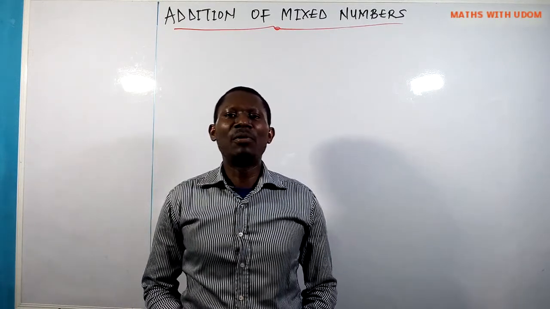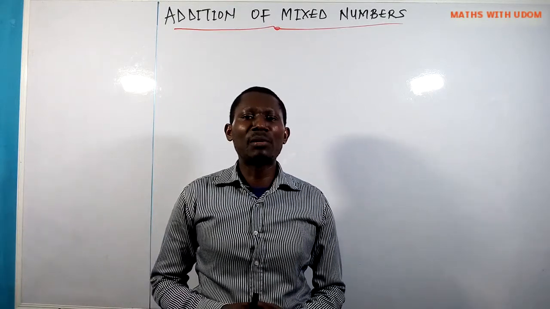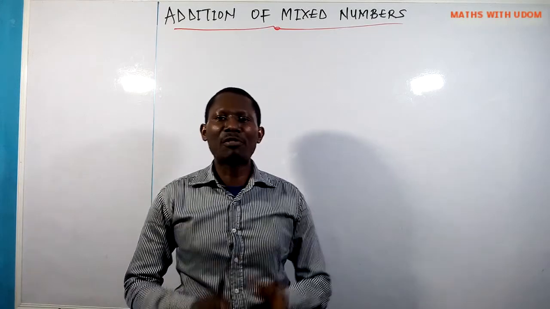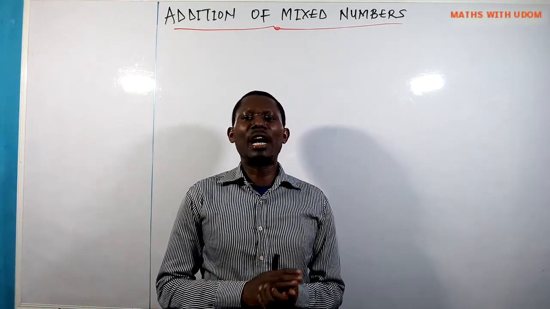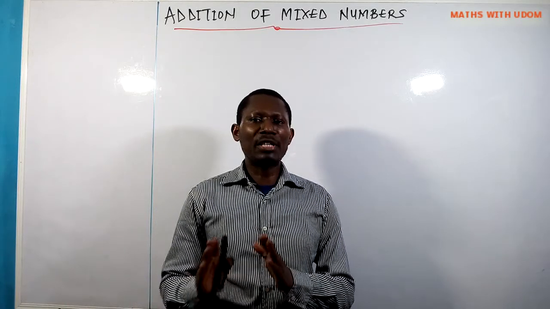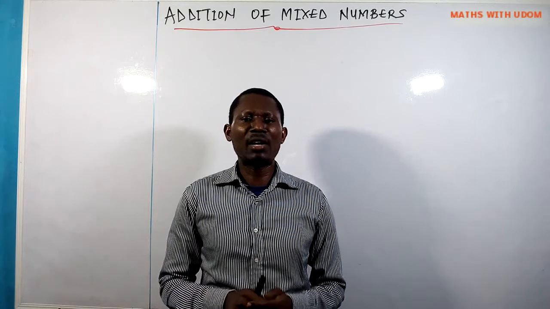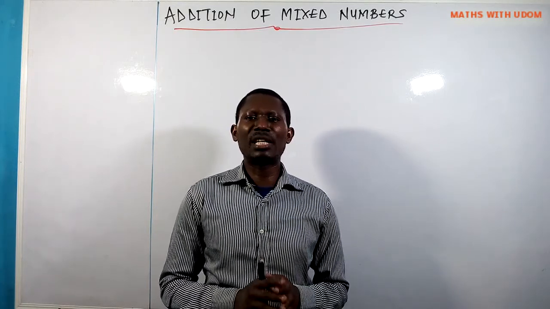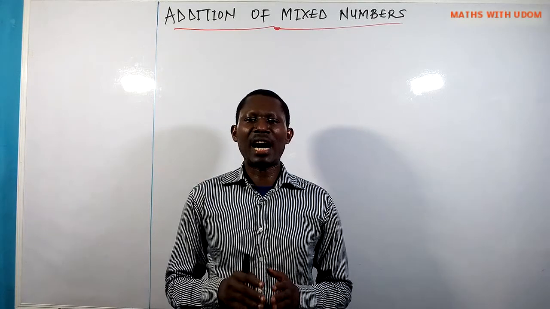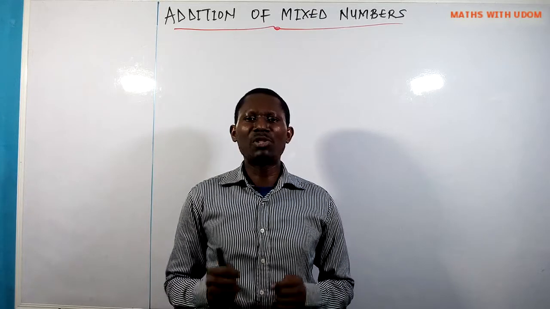For you to solve any problem under mixed numbers, we have two methods. The first method is that we separate the whole numbers from the fractional numbers, and then we simplify. The second method is that we convert the mixed fraction into an improper fraction, and then we simplify.